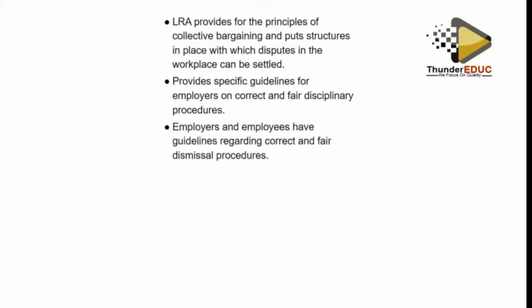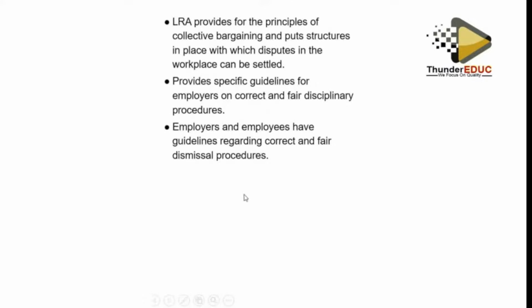Okay, moving on to another aspect, we are saying that employers and employees have guidelines regarding correct and fair dismissal procedures. So now you can't just fire someone. If this someone crosses the boundaries, as a CEO you can't just give the command to HR and say, hey HR, just fire this person because this person has crossed the boundaries.